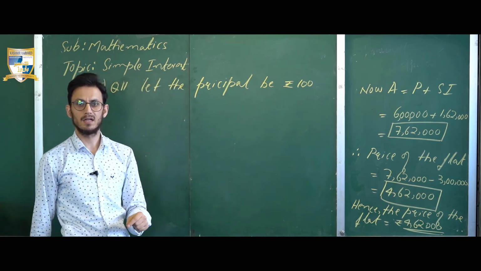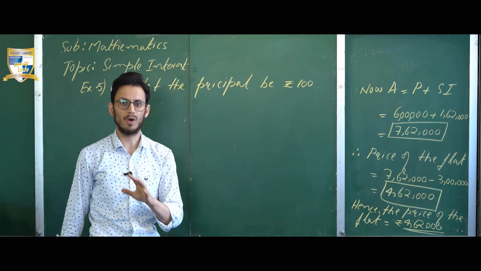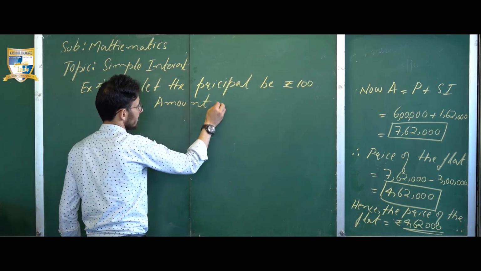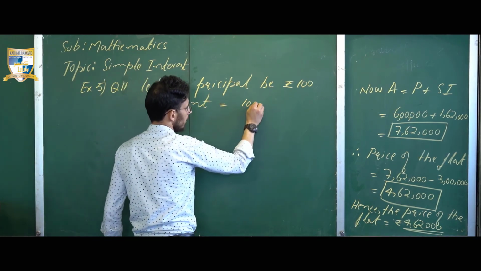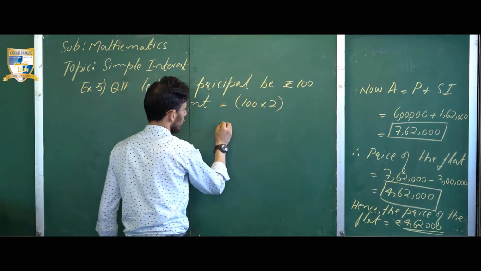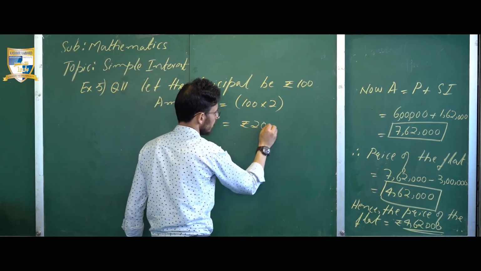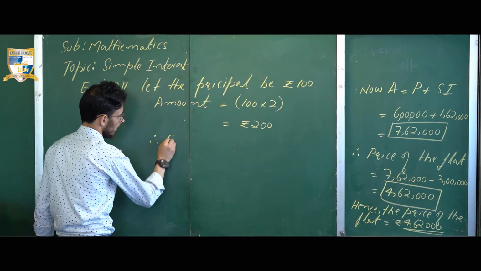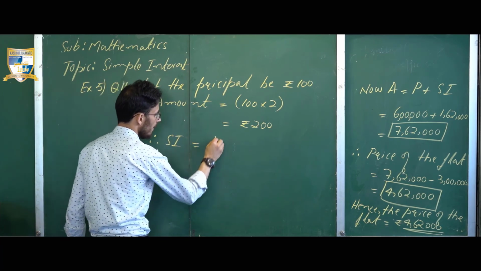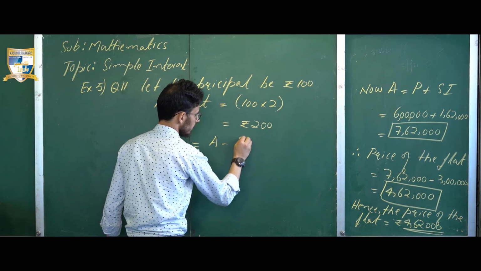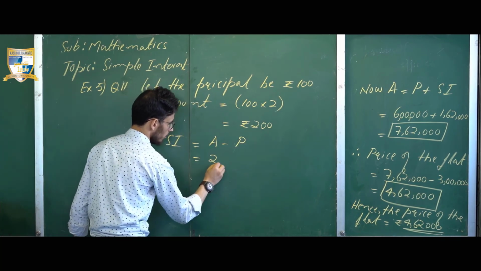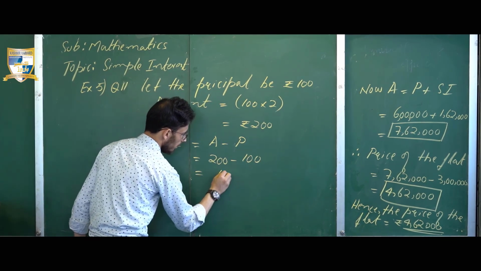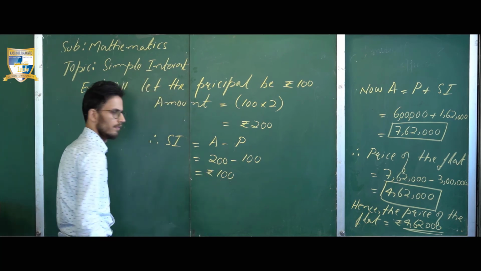The question is saying that whatever the principal is, it gets doubled, means our amount will be equivalent to 100 multiplied by 2, which is rupees 200 as given in the question. So therefore, our simple interest will be equivalent to amount minus principal, which is 200 minus 100. It means our interest is equivalent to rupees 100.